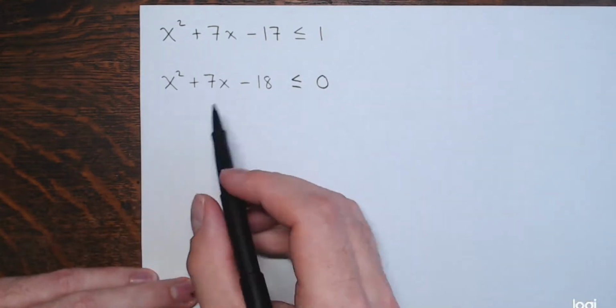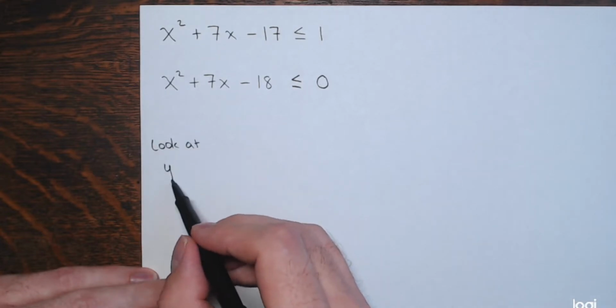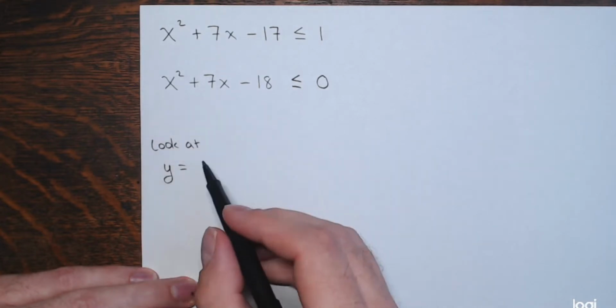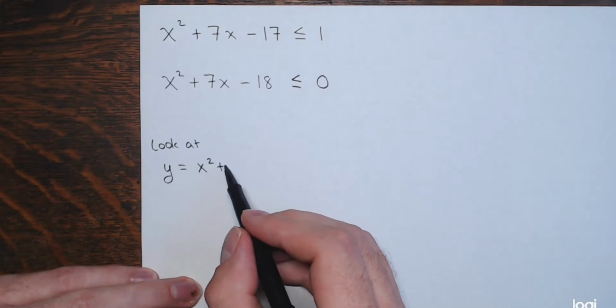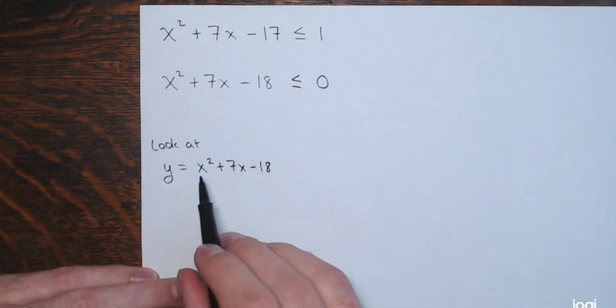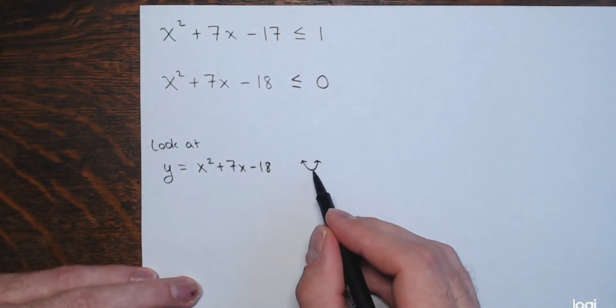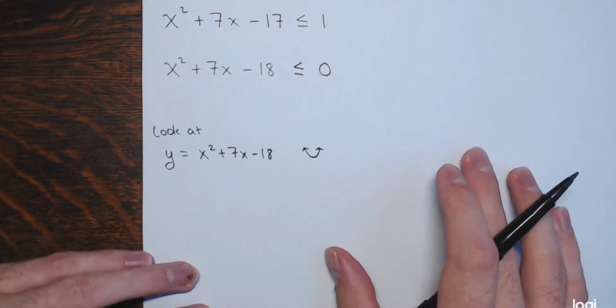And now I'm looking at the graph. We're going to look at the function y equals x squared plus 7x minus 18. Now, lead coefficient's positive, so it's going to be opening up. I'll make that little note here off to the side.